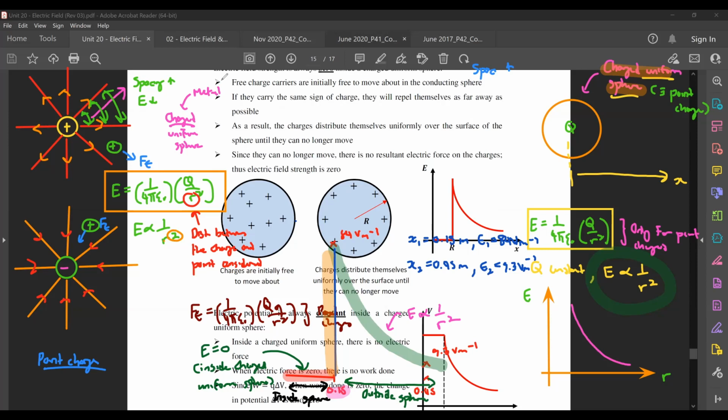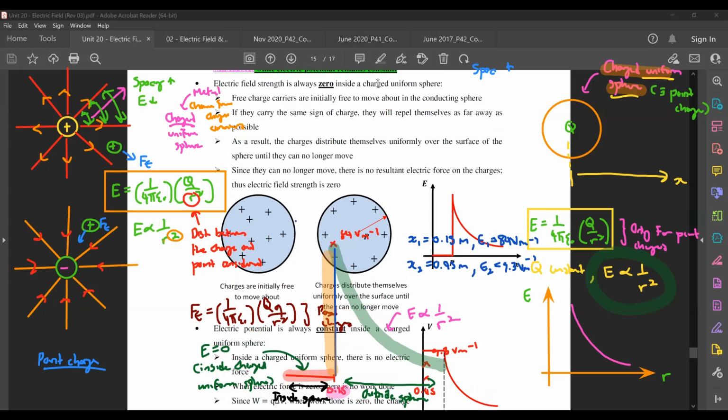So when it's made out of metal, metals have free charge carriers. That's how it's able to conduct electricity in the first place. So now the idea is that when you're talking about a charged uniform sphere, your free charge carriers inside the sphere are actually free to move about initially. Okay, you look at the sphere, you have free charge carriers, they are actually initially free to move about.